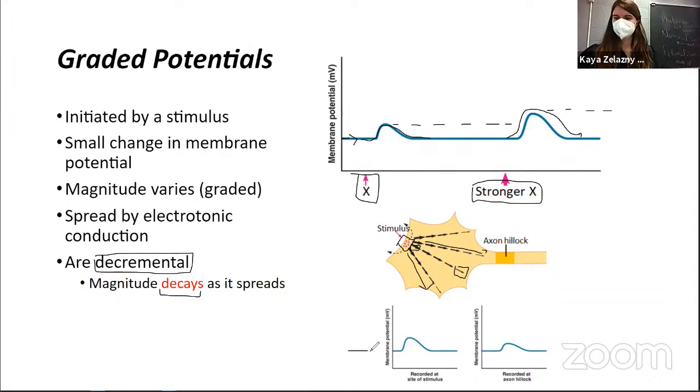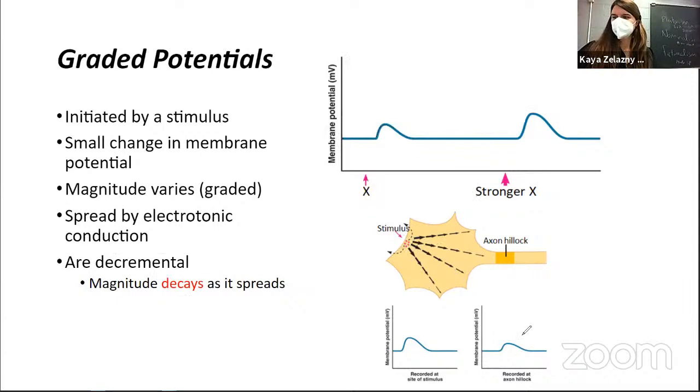And here at the bottom, this figure is showing us another way of thinking about this decay as we spread across space. I'll clear all my drawings. Our first point is looking at what it would look like if we recorded the charge at the stimulus.